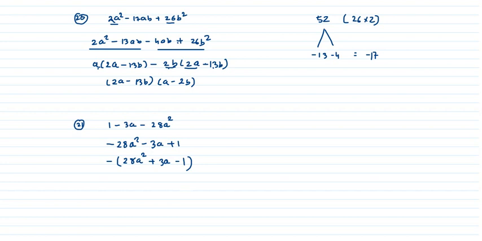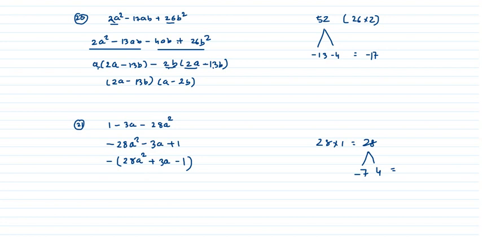Now you have to multiply this constant term with the a square value, that is 28 into 1, which means 28. You have to factor the 28 where you should get the 3a. Now 7 4s are 28, but you need to get plus 3 as a value.